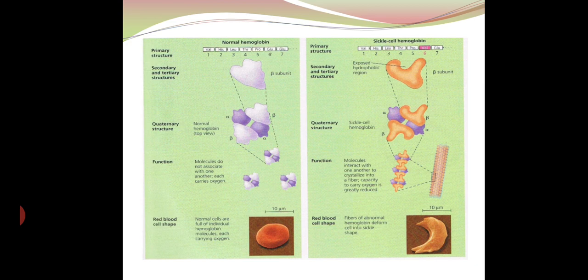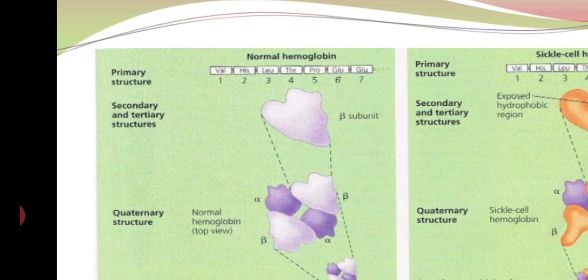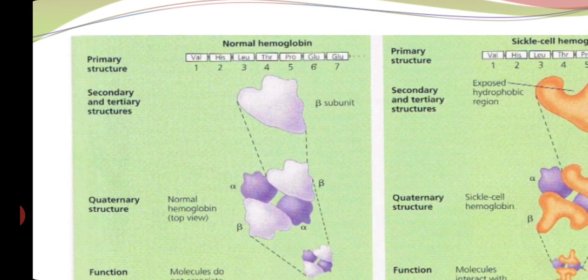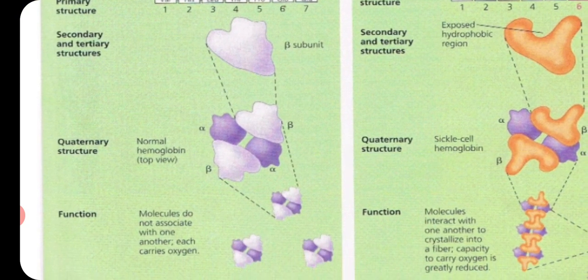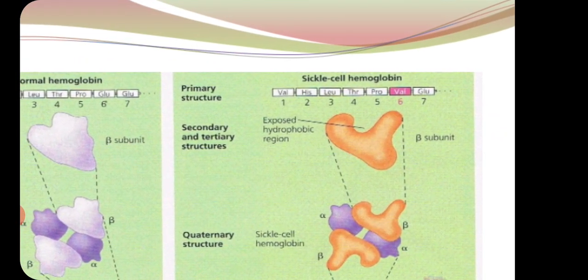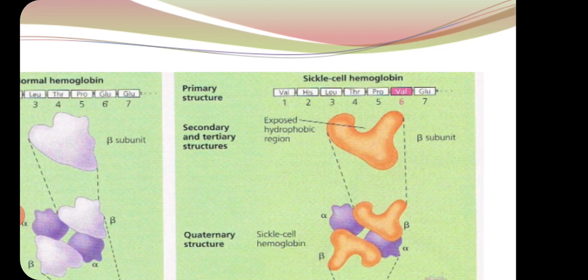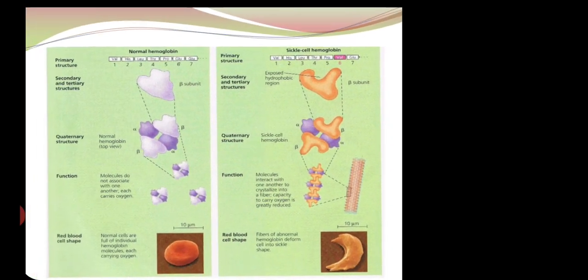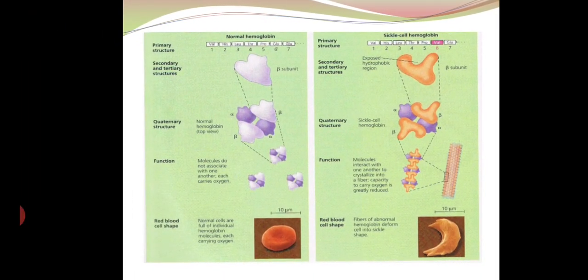This figure illustrates the normal RBC and the sickle cell RBC, with the normal hemoglobin beta chain amino acid sequence, and in the sickle cell anemic person the 6th glutamic acid replaced with valine leads to abnormal sickle shaped RBC.